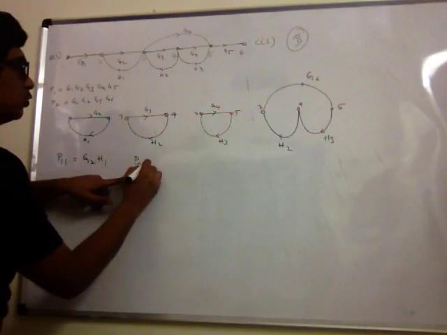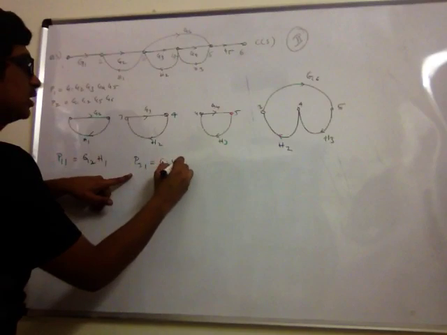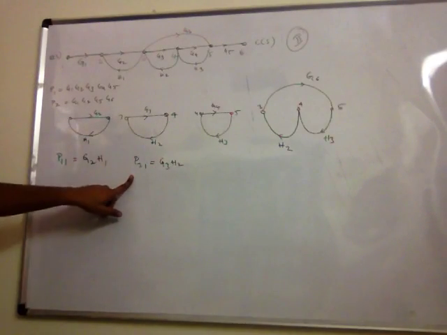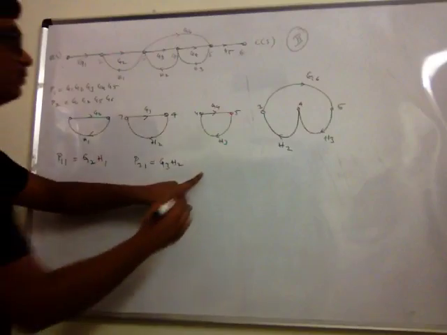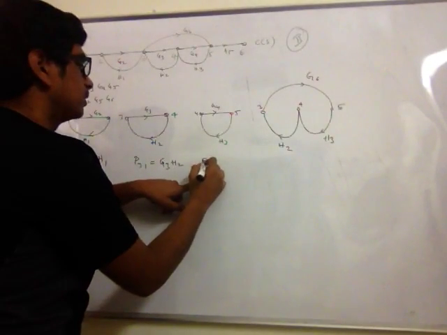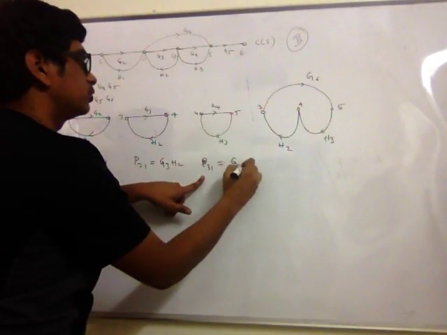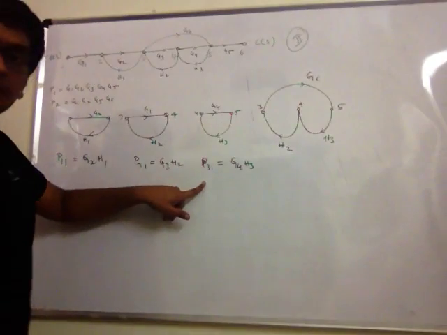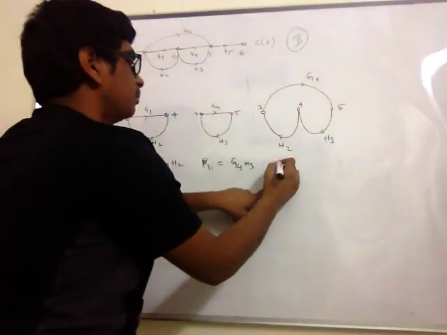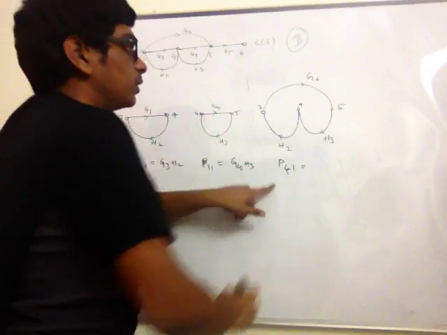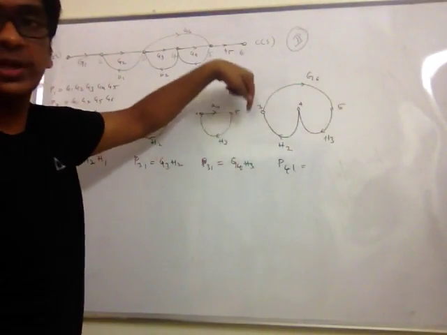P21 is equal to G3H2. And P31 is equal to G4H3, right? And P41 is equal to G6H3H2.